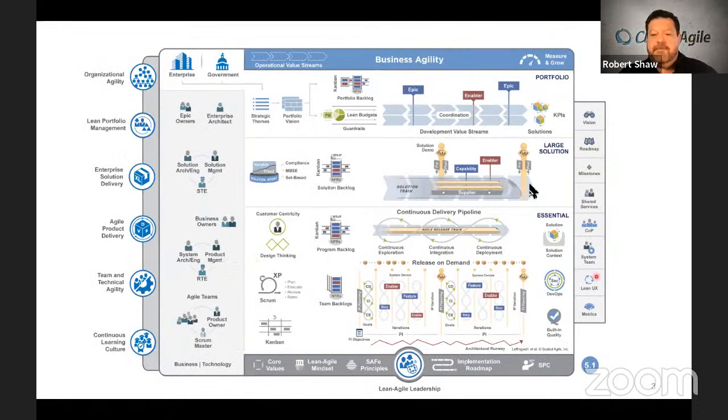Chances are you've seen this, the SAFe Big Picture. It's this wonderfully, beautifully done infographic that's an effort to describe what SAFe is and what it does. And at first glance, it can be overwhelming.